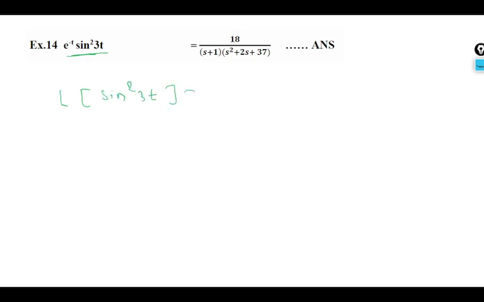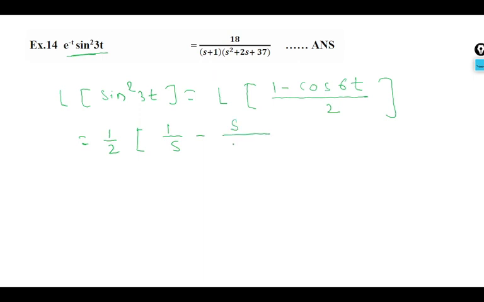Laplace of sine square 3t is the Laplace of (1 minus cos 6t) upon 2, since the double angle becomes cos 6t. So 1/2 is a constant as it is. Laplace of 1 is 1 upon s, and the Laplace of cos 6t is s upon s square plus 36. That is the answer.